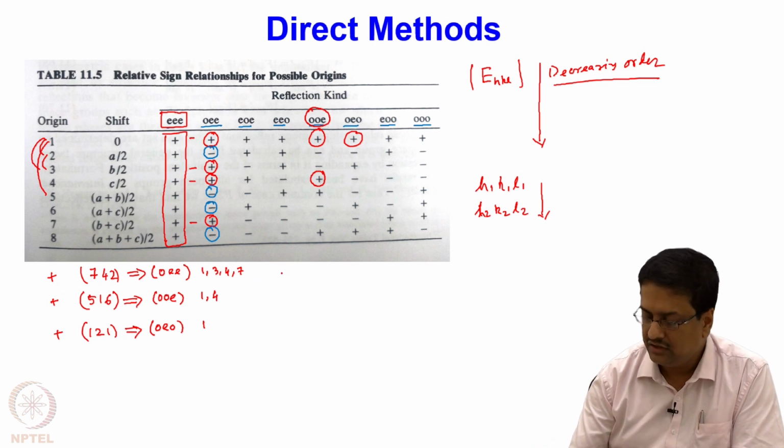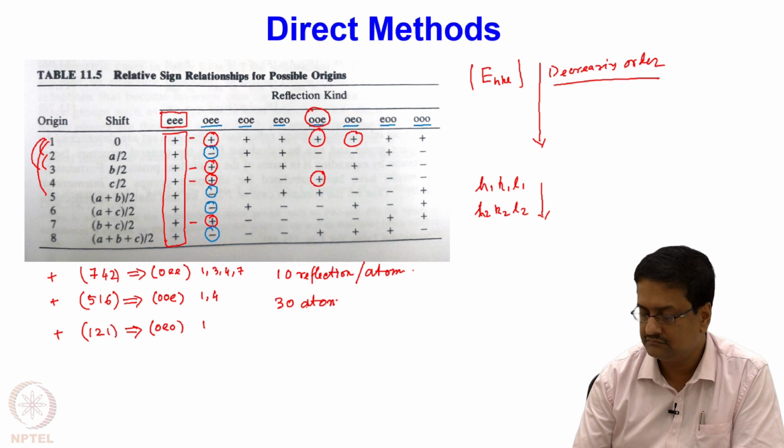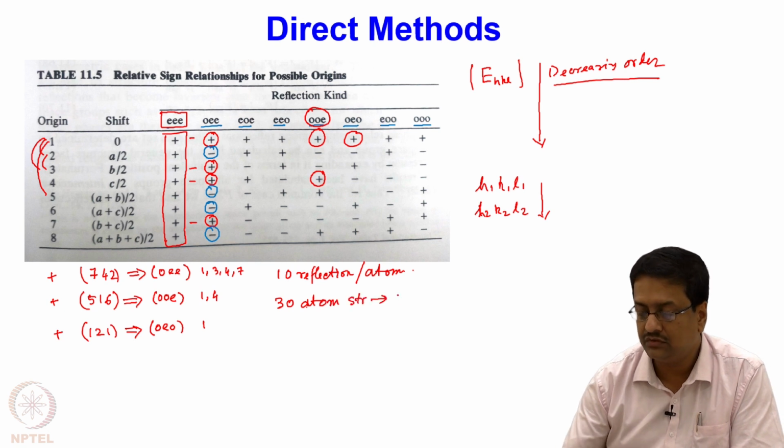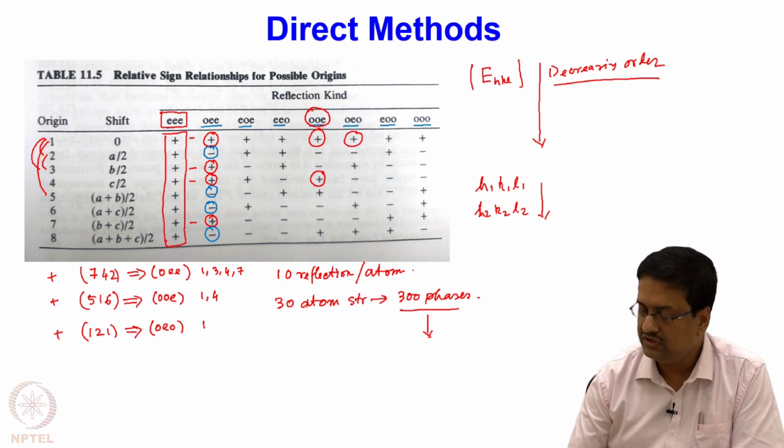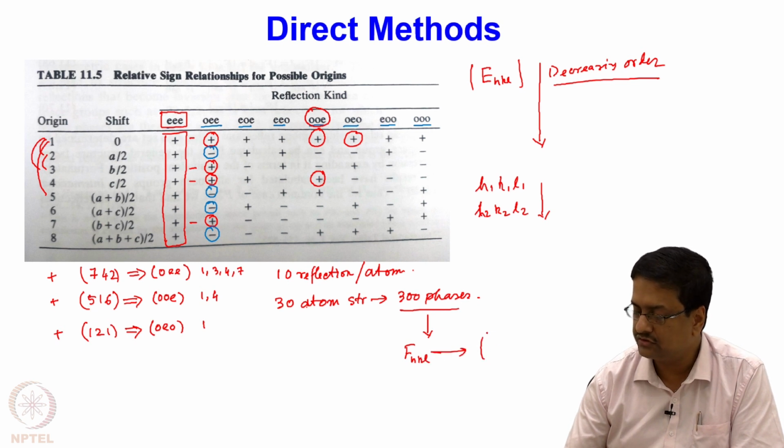How many? As we indicated, 10 reflections per atom. So if it is a 30 atom structure, then we need to guess about 300 such phases. And then after guessing those 300 phases, we use those 300 FHKLs to generate the corresponding rho x, y, z using the Fourier transformation method.